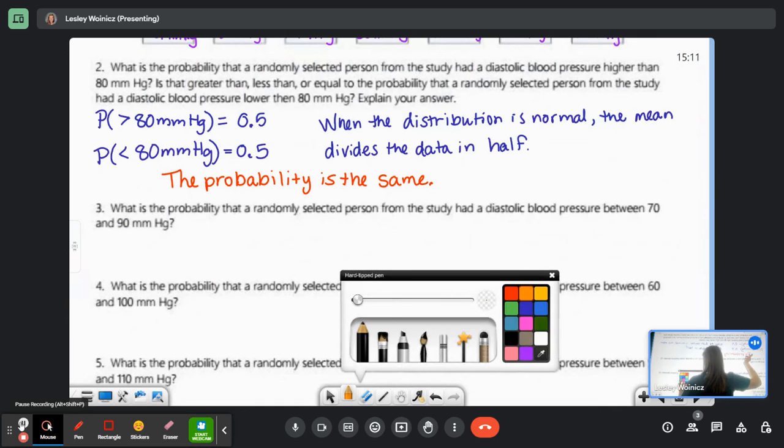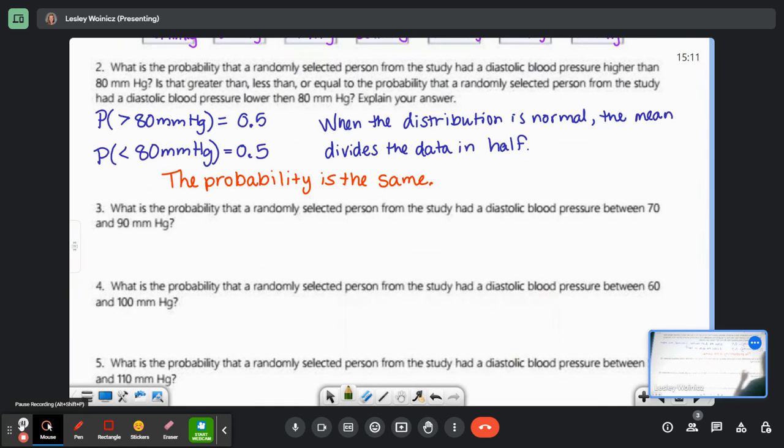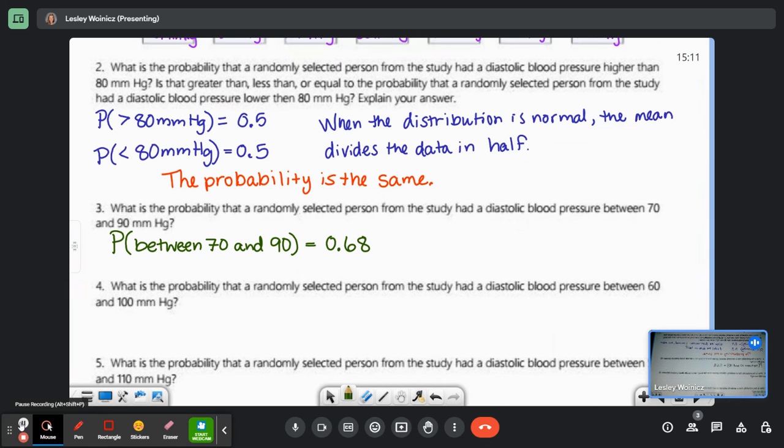So isn't that 0.68? So the probability of between 70 and 90 equals 0.68 from the empirical rule.